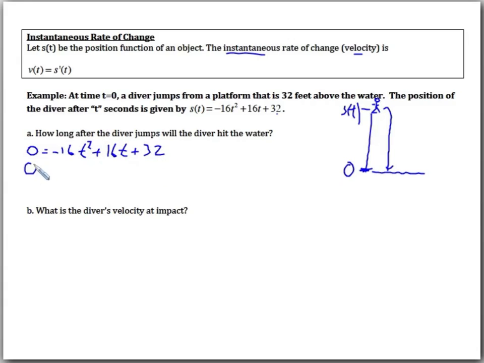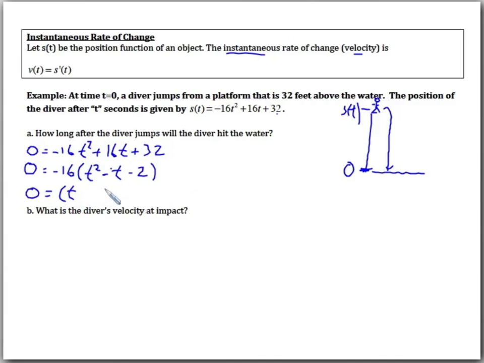And this is algebra 2, just solving for a polynomial, for a quadratic. Looks like we can factor out a negative 16, so we have t squared minus t minus 2. And the negative 16 won't factor into our answer.